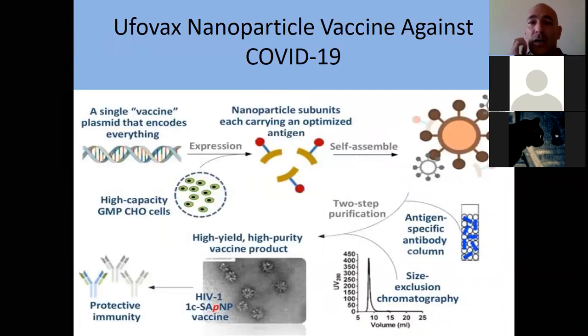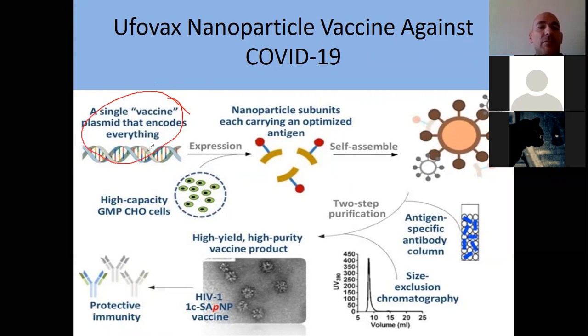Now this one is very interesting. Actually, it's probably one of the most recent technologies, and this was developed by Ufovax. What is interesting in this nanoparticle is that they basically have some genetic material, okay?